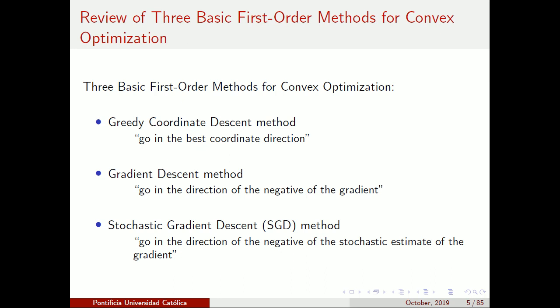Greedy coordinate descent is really the philosophy of let's go in the best coordinate direction to optimize a function. And there's also gradient descent, which I say here is go in the direction of the negative of the gradient. People are most familiar with that. And stochastic gradient descent, go in the direction of the negative of some estimate of the gradient. Okay, and all three are going to be very important.